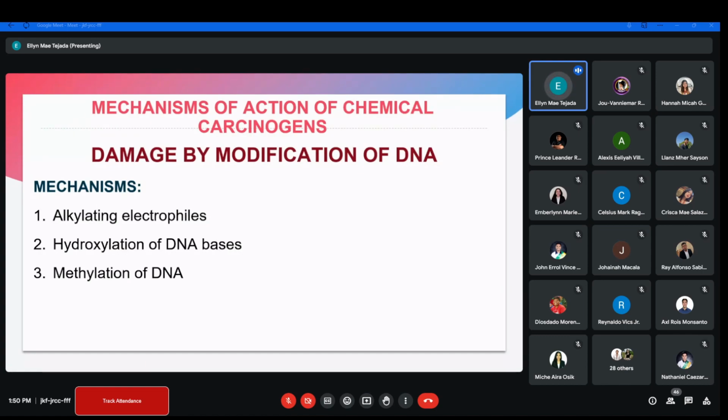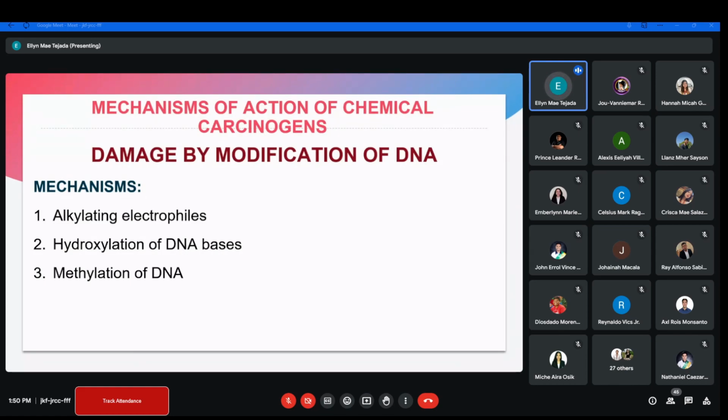In hydroxylation, DNA bases are the source of oxidative DNA damage, which is typically formed from free radical reactions that occur endogenously in the cell or from exogenous sources. And after that, most of these go along with the methylation of the DNA.